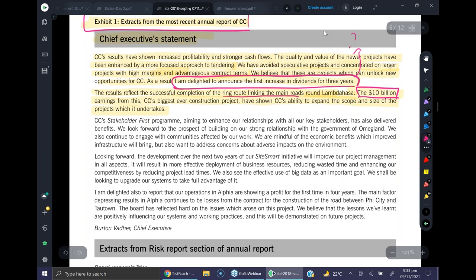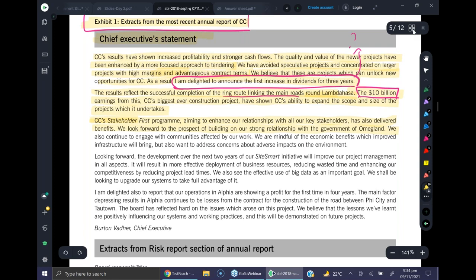Okay, further the chairman says that CC's stakeholder first program aiming to enhance our relationship with all our key stakeholders has also delivered benefits. We look forward to the prospect of building on our strong relationship with Government of Omegland. We also continue to engage with communities affected by our work.